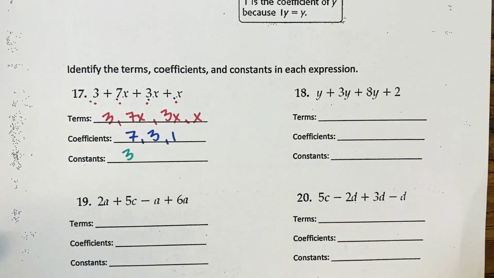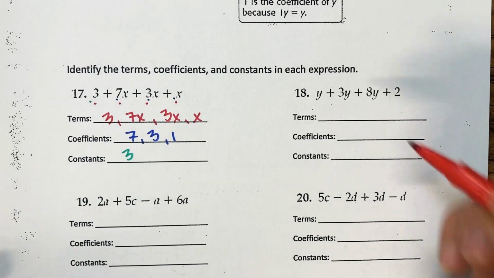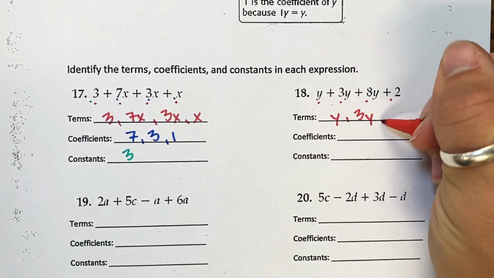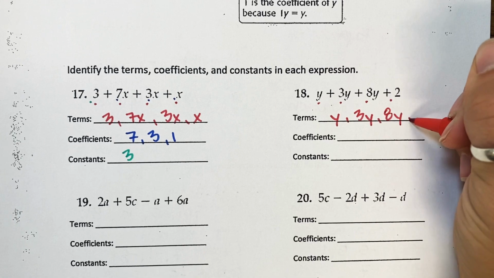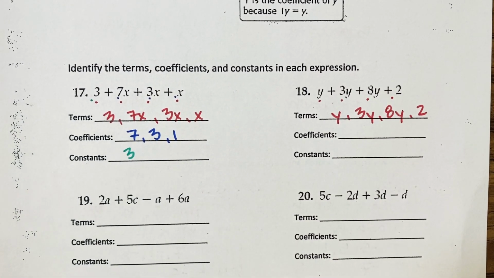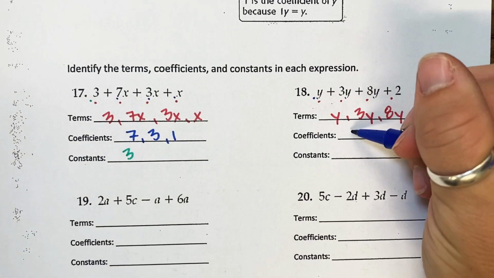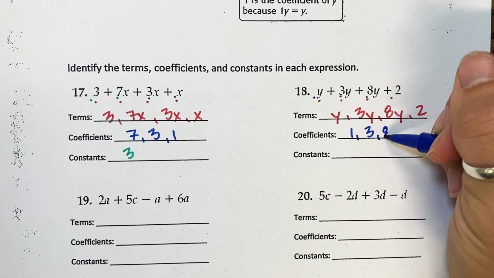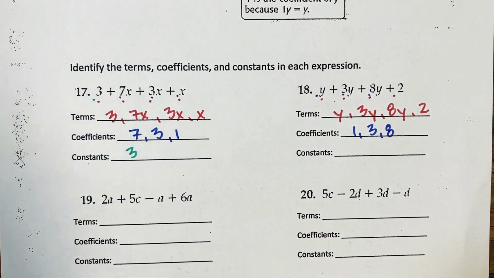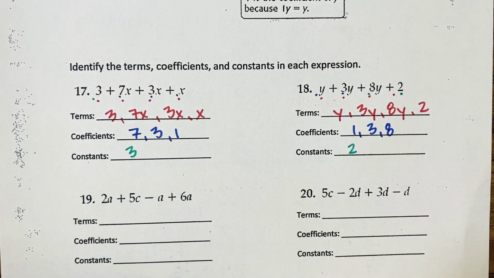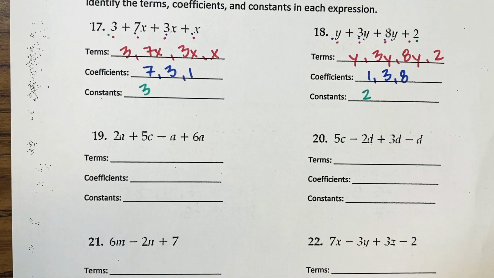Okay, 18. So our terms are y, 3y, 8y, and 2. Our coefficients, 1, 3, and 8. And our constant is 2. Okay, 19.